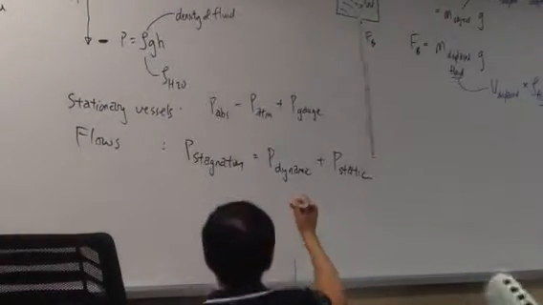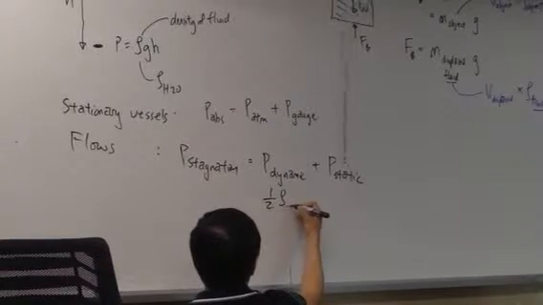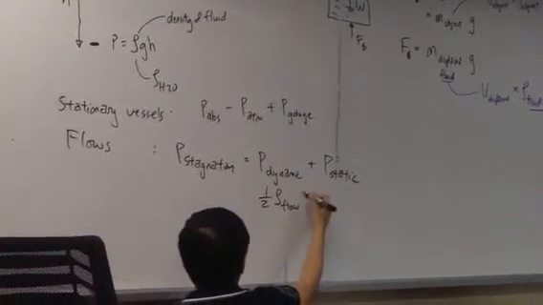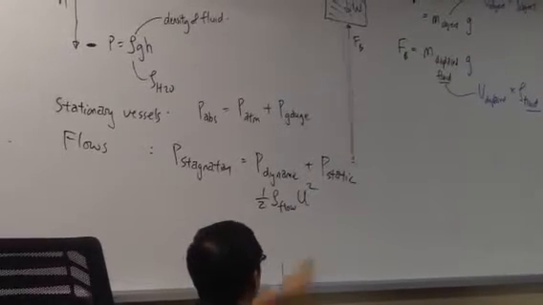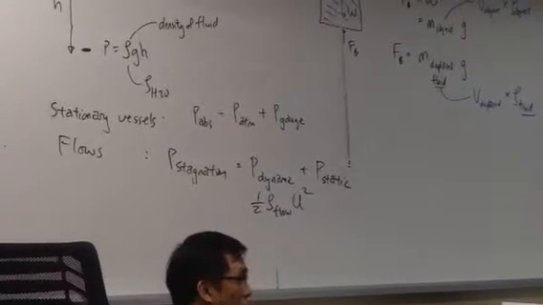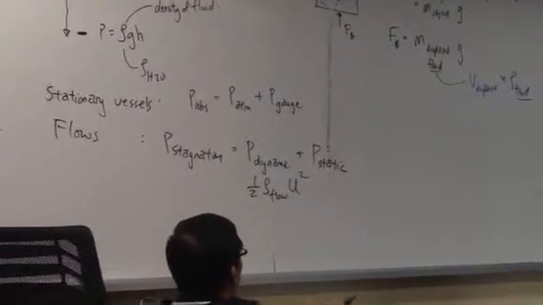Dynamic pressure is related to the velocity of the flow, so it's half rho U squared. Rho is the density of the fluid that's flowing, either oil or wind or water.